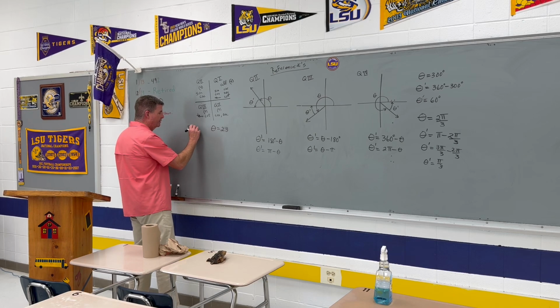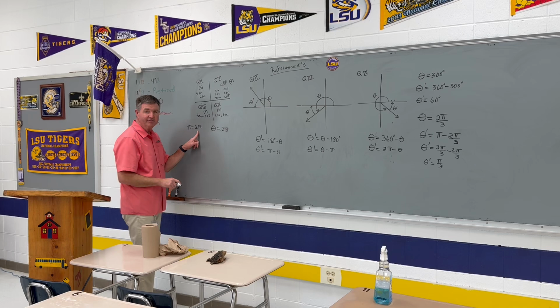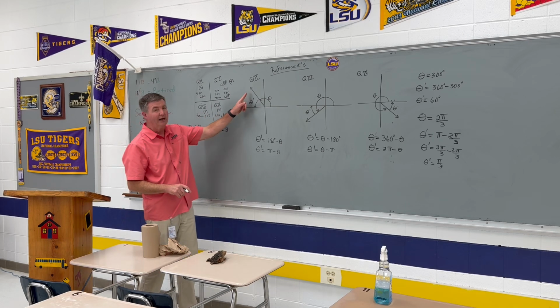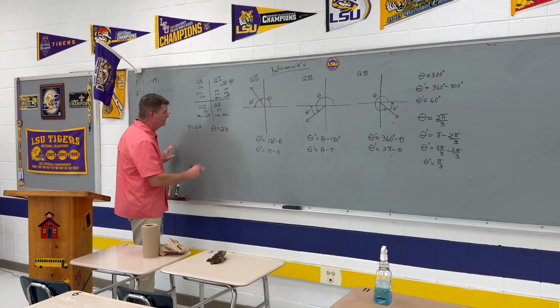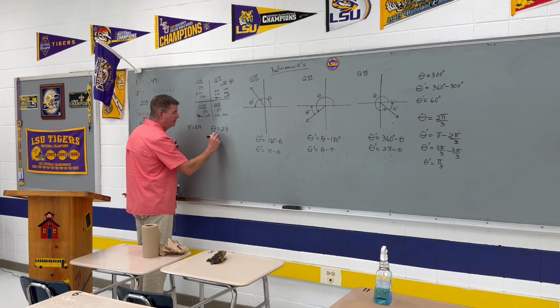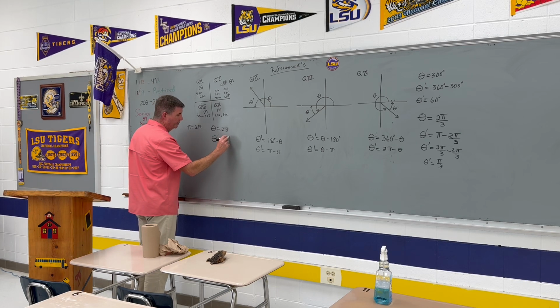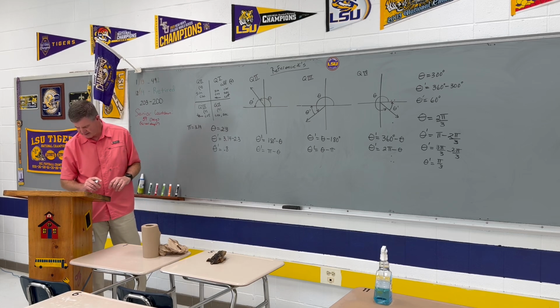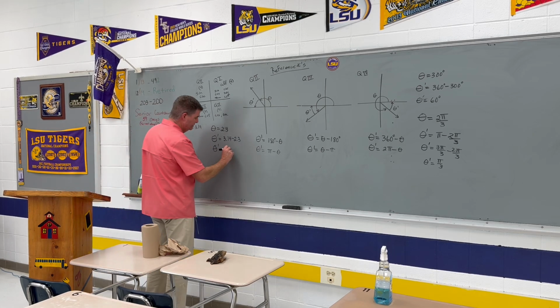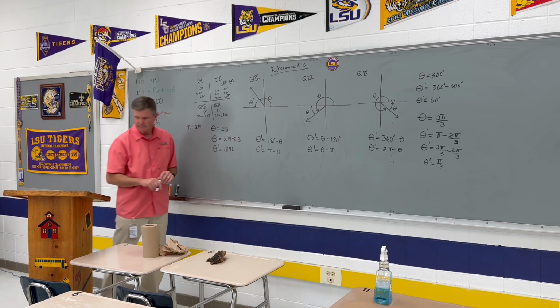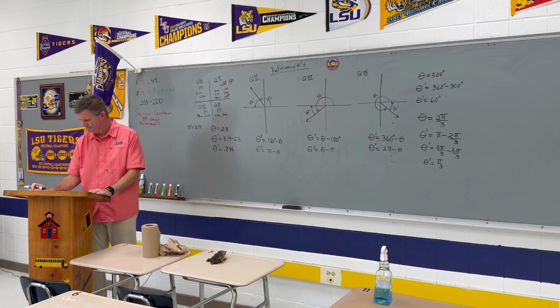Pi is 3.14. 2.3 is less than 3.14, so we must be in quadrant 2. So in order to find our reference angle, theta prime, it's equal to 3.14 minus 2.3, and theta prime comes up to be 0.846, and that would be radians.